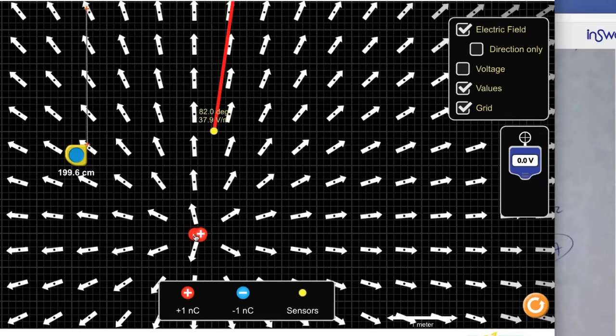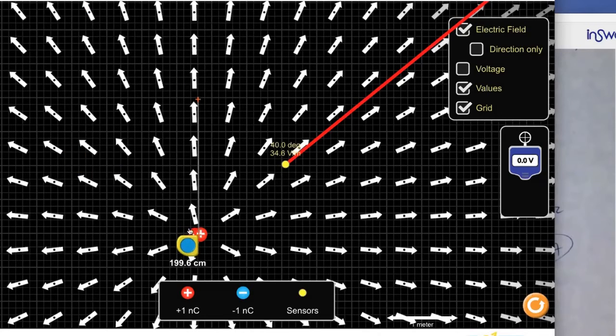Oh, well, because I'm trying to compare to the behavior of the electrical field of a point charge. You see how it's radial? So now anywhere that I go, I don't even have to go in the middle anymore. I just go, okay, that's 155 centimeters. The electrical field is 34, you see?